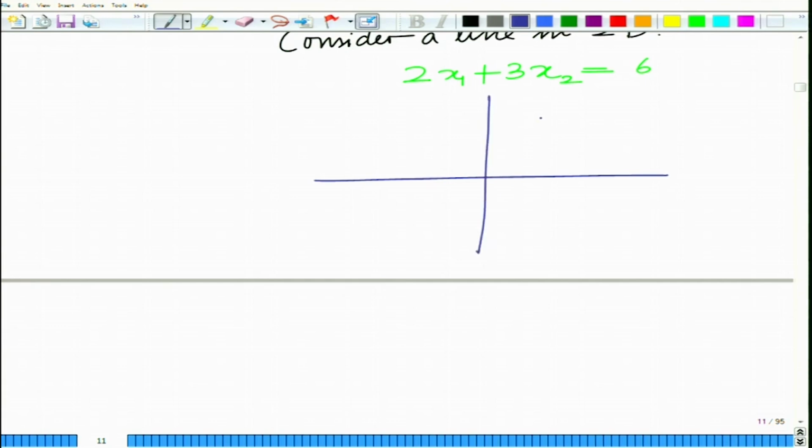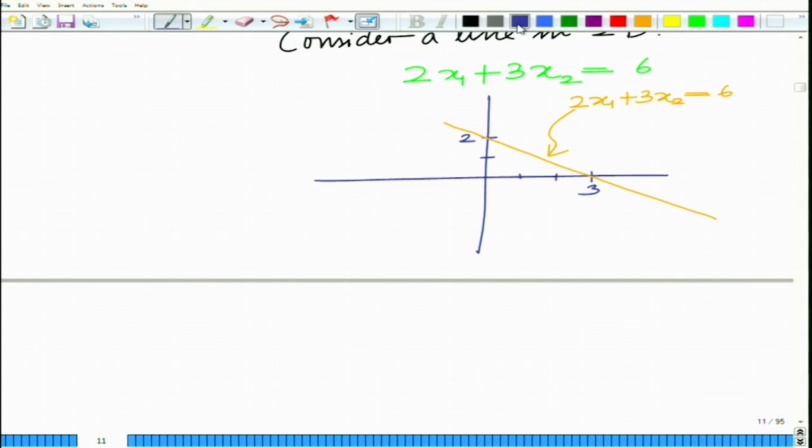For x2 equals 0, x1 equals 3, and when x1 equals 0, x2 equals 2. So if you plot the line, it will look something like this. Okay. So this is the line 2x1 plus 3x2 equal to 6.